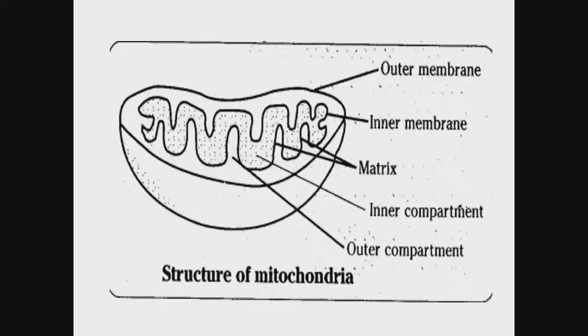It's rod shaped, made up of the outer membrane, the inner membrane, as well as the matrix, the inner compartment, and the outer compartment. The inner membrane is called crista, where it provides a large surface area for the electron transfer system. So you really need to pay attention to the structure of the mitochondria.